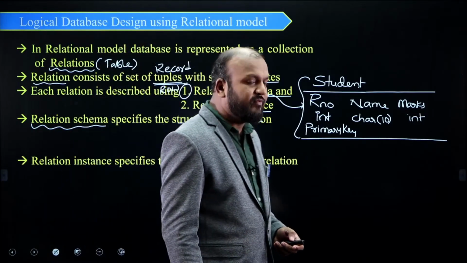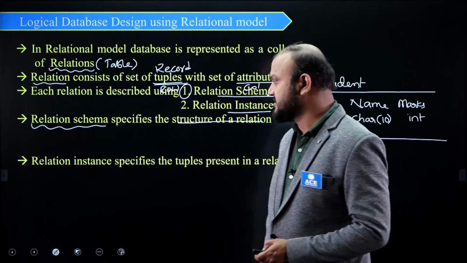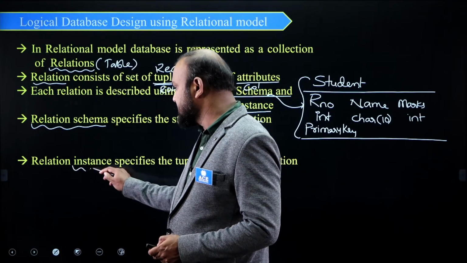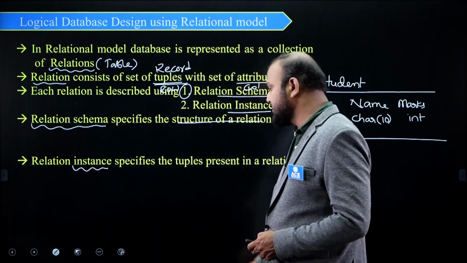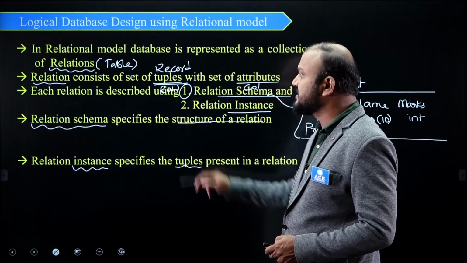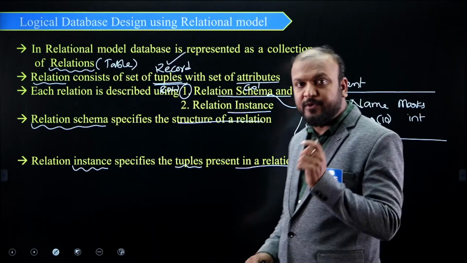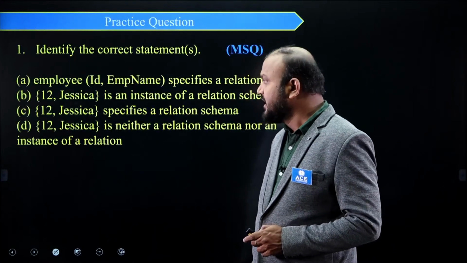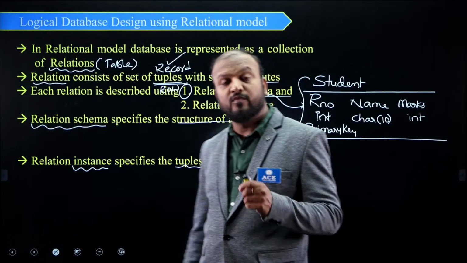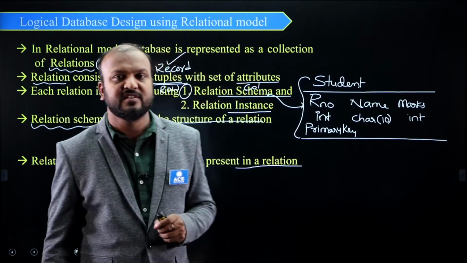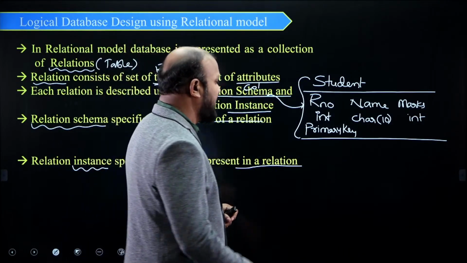And the next thing we call relation instance. Now what is an instance? Instance specifies the tuples, which are nothing but records present in a relation at a particular moment of time. Have a look.